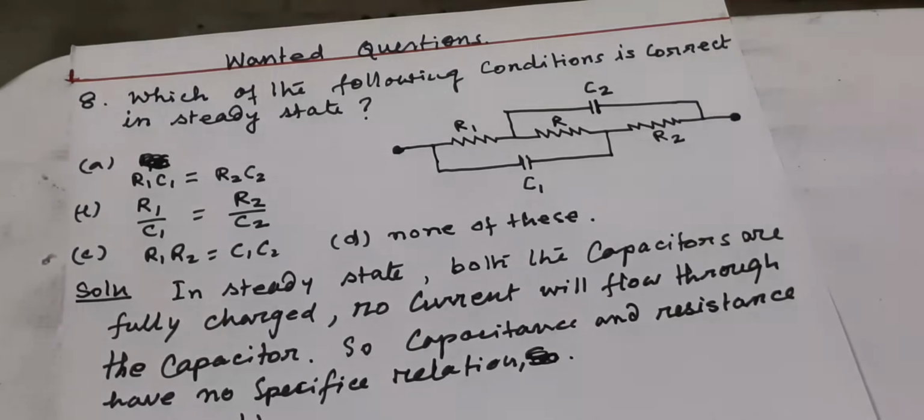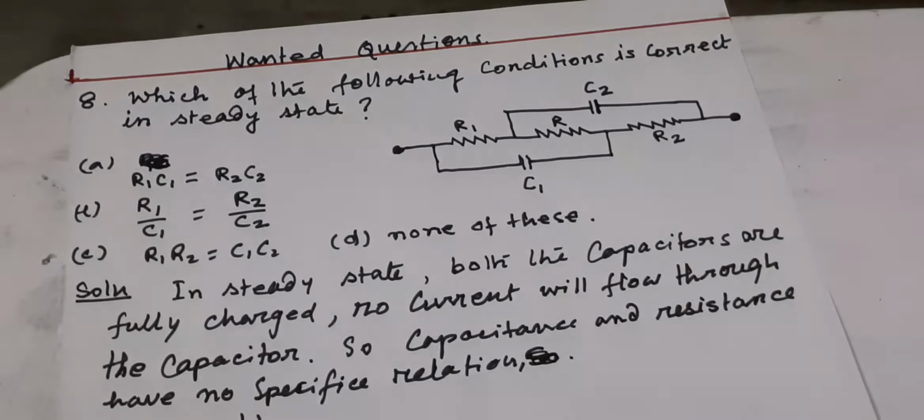Seeing the circuit, the most important point is steady state. That means the capacitors are totally charged, so current cannot pass through these capacitors. If the battery is connected, current will pass through R1, R and R2 only, that means in series form.